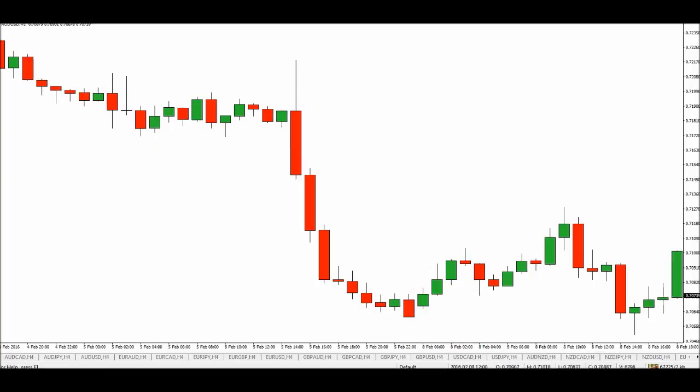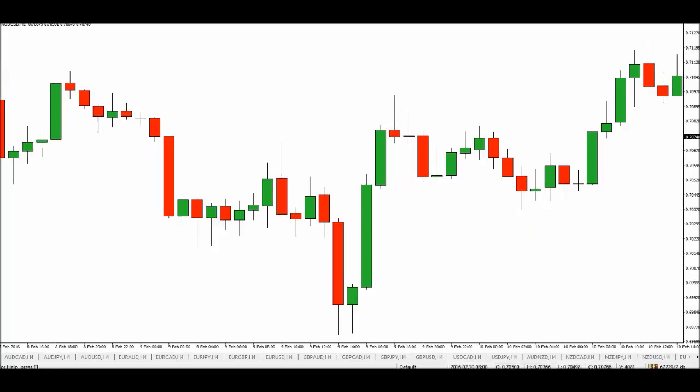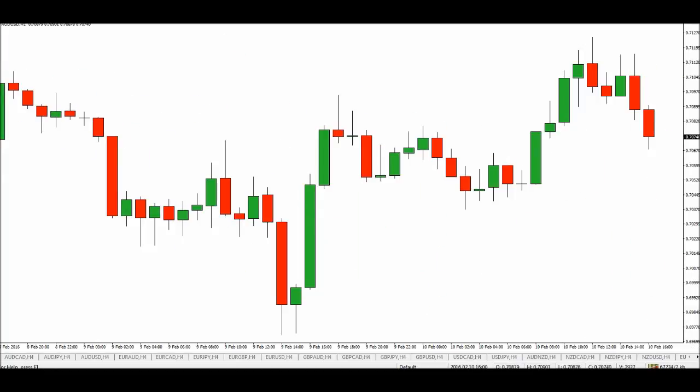So if we zoom in further, you'll see that this candle is leaving this lower wick and price is moving up. If price came all the way down here and moved up, then we'd have a wick that goes all the way down here.